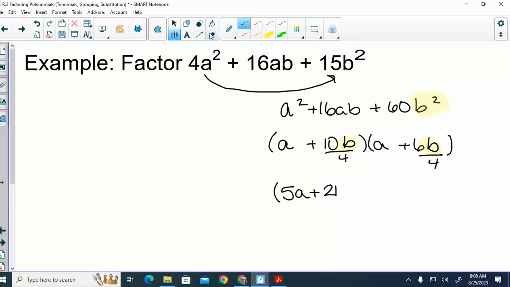Oops, no. Yeah, 2a plus 5b. Okay, 6 over 4 is 3 halves, so 2a plus 3b. And we could always double check if we multiply this out, we get the original product.